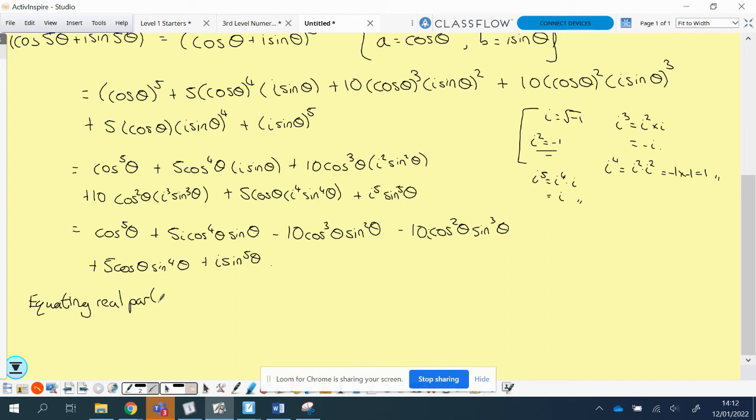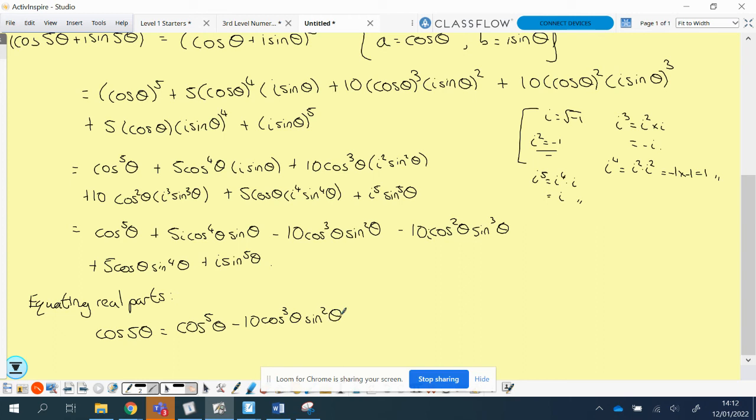Equating real parts first. So parts that don't have an imaginary number attached to it, so that was the cos 5 theta part. So cos 5 theta equals, and then we just look at the expansion and work out what didn't have an imaginary number attached. So the cos 5 theta at the start, that's going to be the start of our expansion too. The next term did, so we jump over to the minus 10 cos cubed theta sine squared theta.